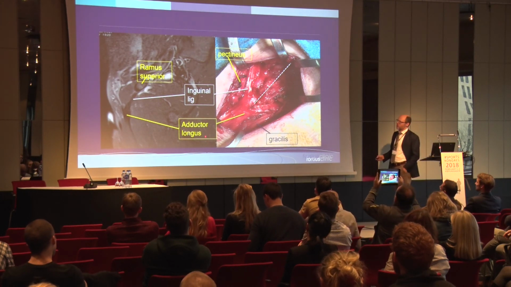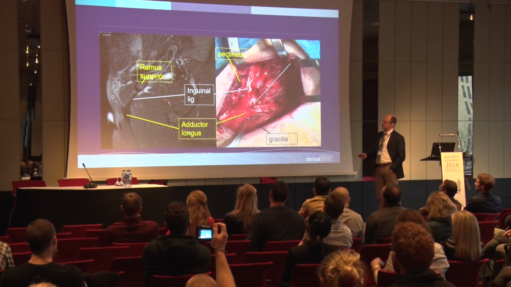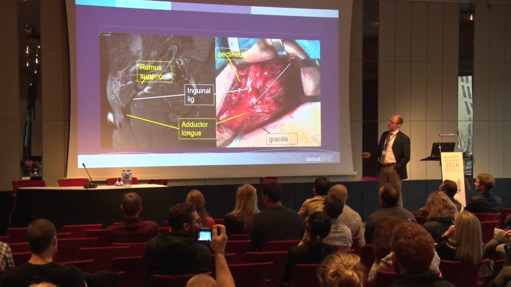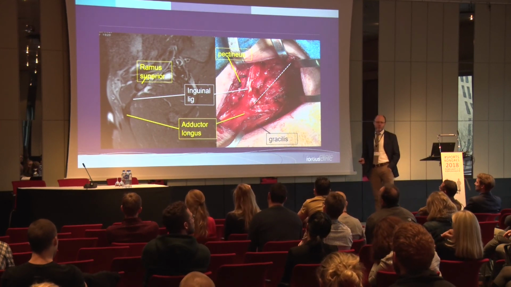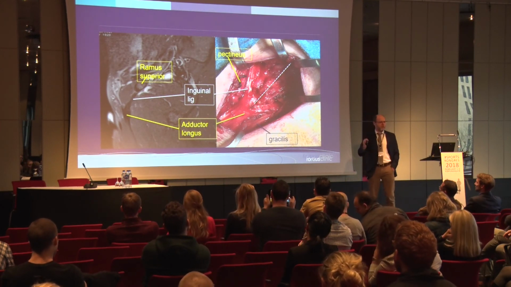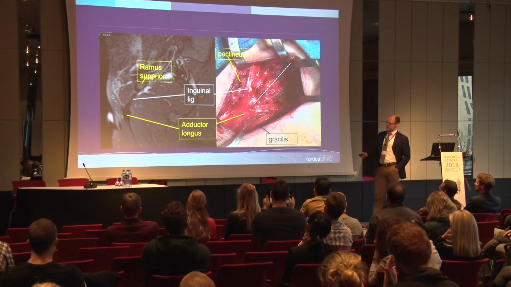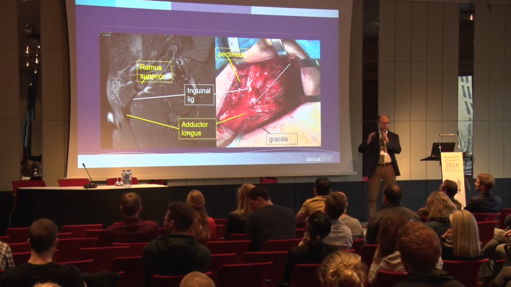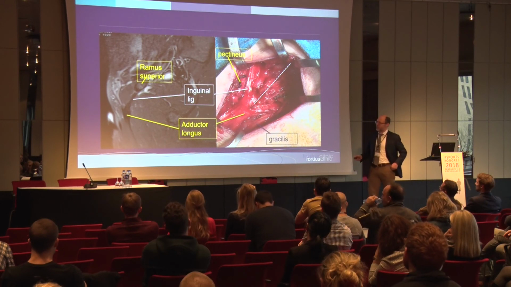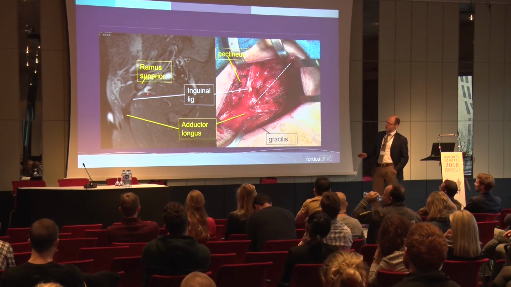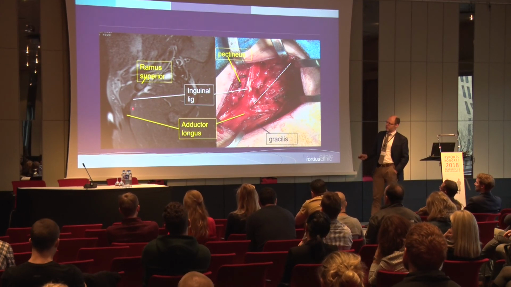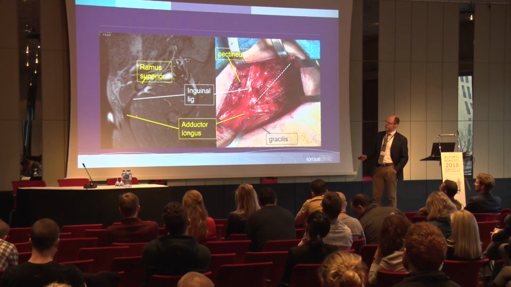If you look at his MRI scan, the shape of your pubis tells you where you are. If it's a bit more round like this, then you know you're a lot more lateral. You can see the inguinal ligament here, and if you follow the inguinal ligament down, you come to the fibrocartilage of the adductor longus.